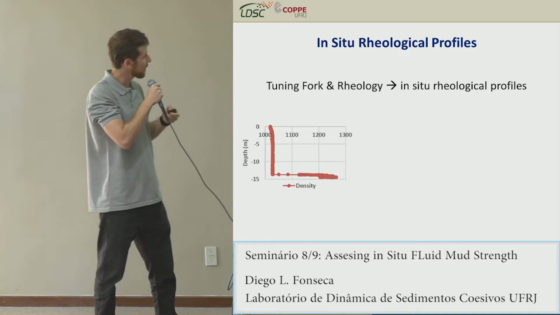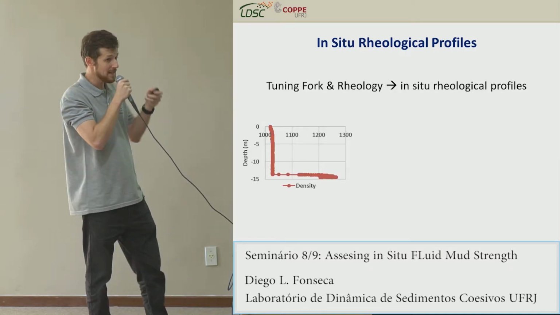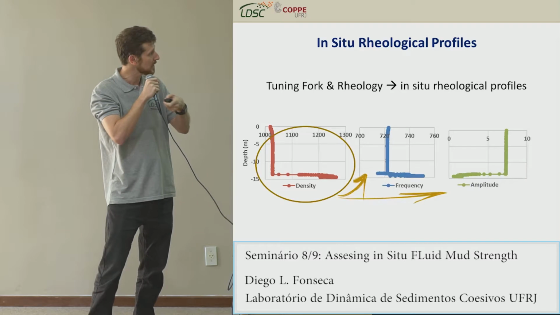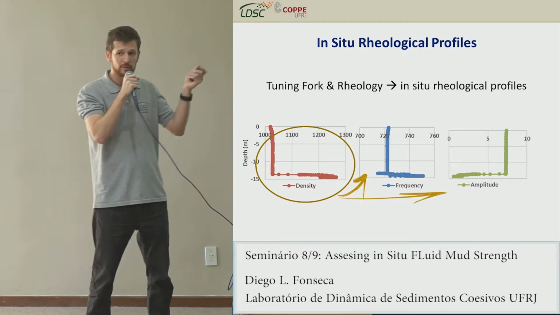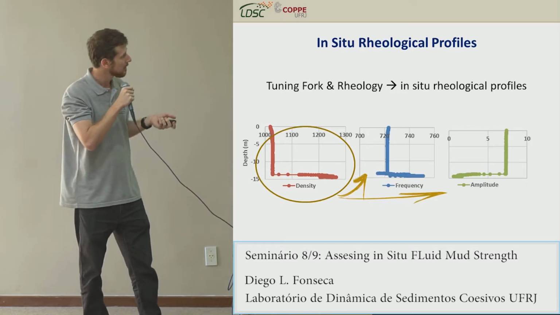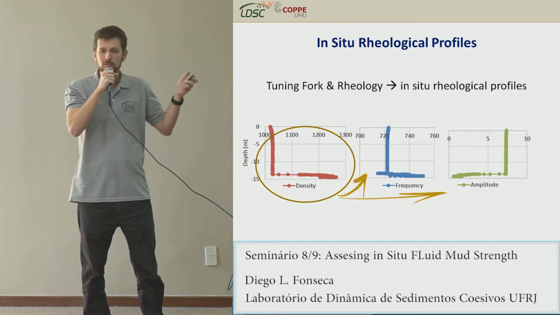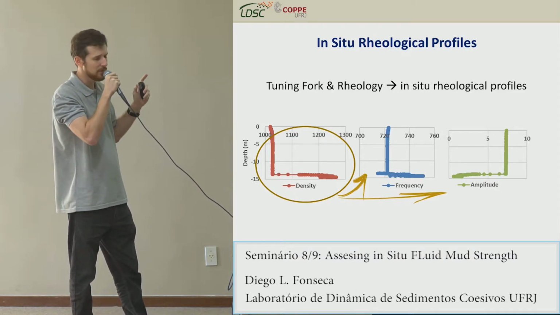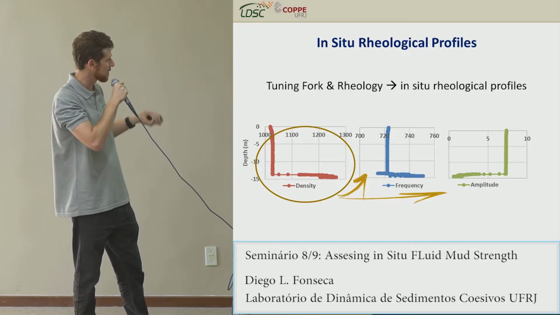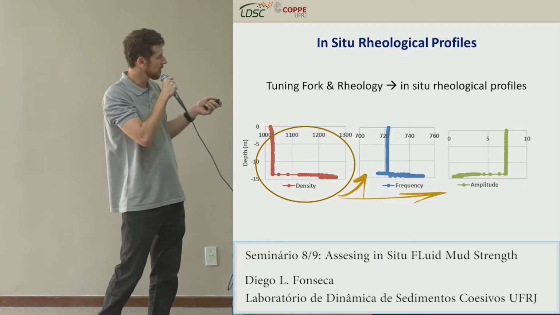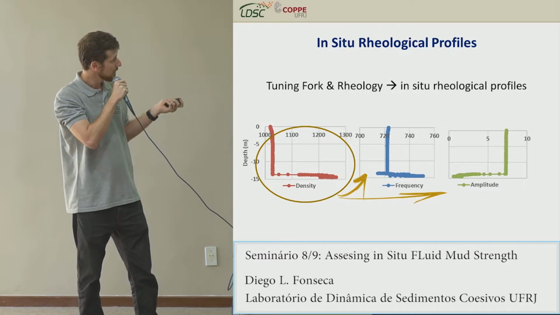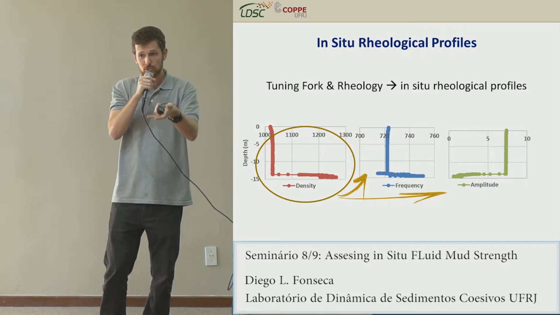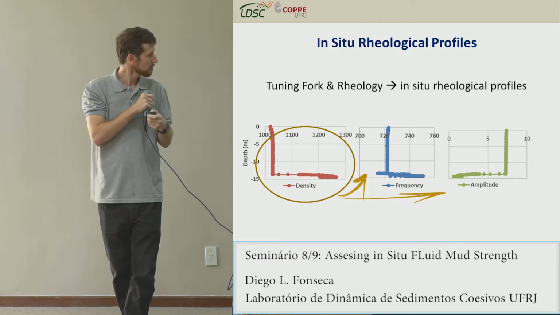And now we are trying to figure out how to have in situ not only density profiles, but exploring more the frequency and amplitude change. This is a profile for Santos, if I'm not wrong, just as an example of how to use them to estimate in situ rheological depths.